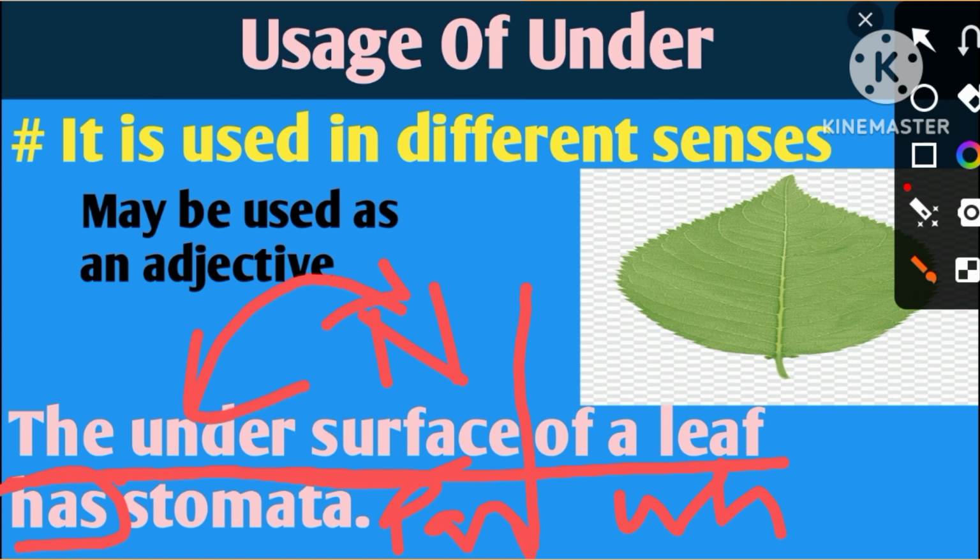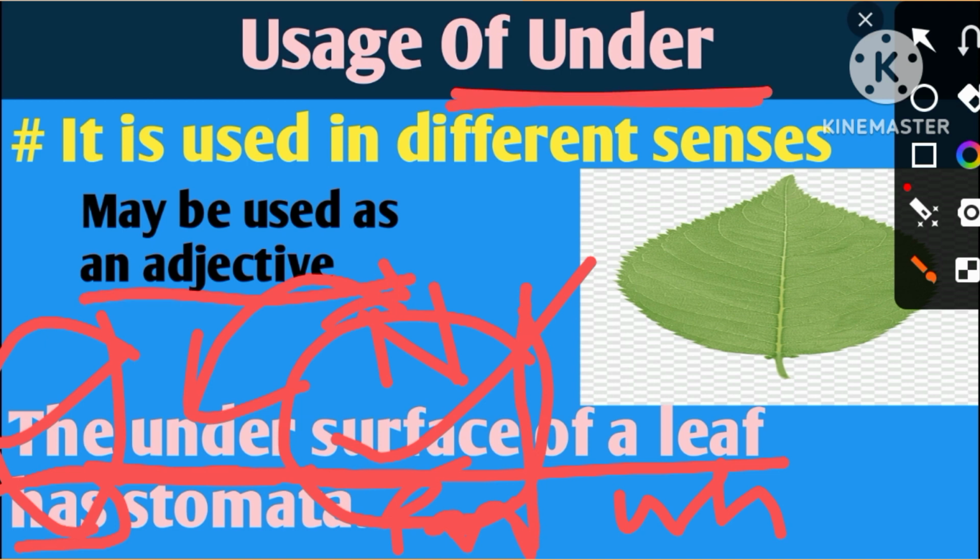That means this term under is the adjective describing the noun surface, and the here is used as determiner because surface is a common noun, singular common noun, and we cannot use singular common noun without any determiner. So the is the determiner, under is the adjective. Here you can see the usage of this word under as adjective. My dear friends, I think the entire concept is clear to you.